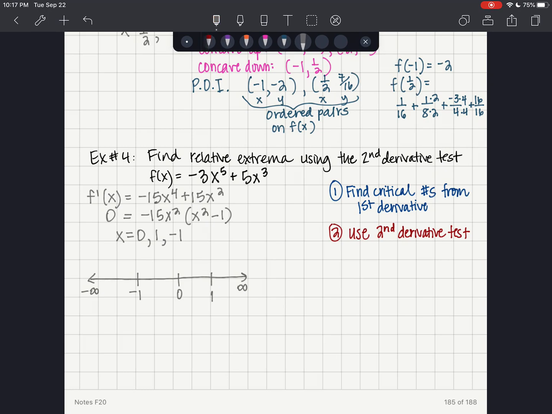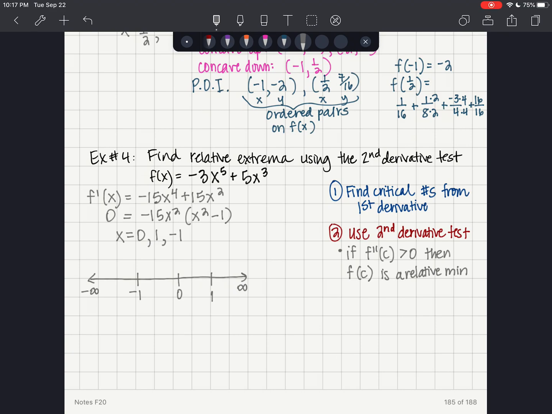The second derivative test says, there's three ifs, if the second derivative is greater than 0, then f of c is a relative min.